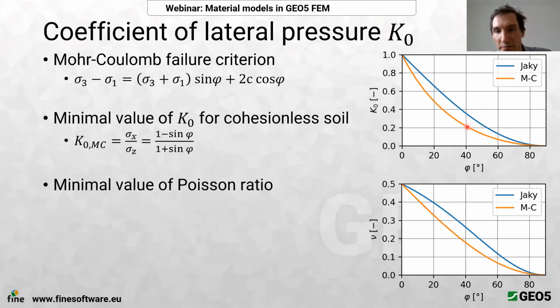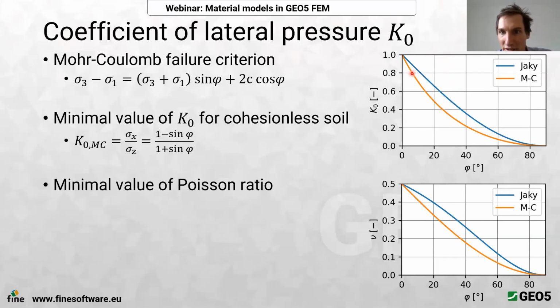it will be out of the Mohr-Coulomb criterion. Because of course if we have K naught equal to 1, we have the same vertical and horizontal stresses, which means the stress state is isotropic, and for isotropic stress you won't reach the Mohr-Coulomb failure criterion in compression, of course.